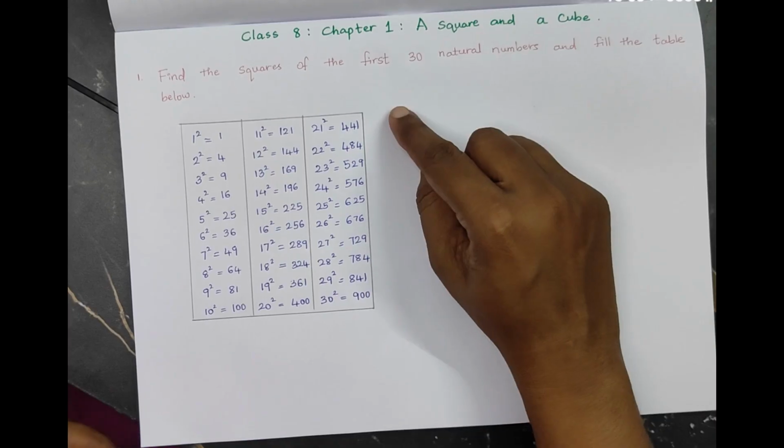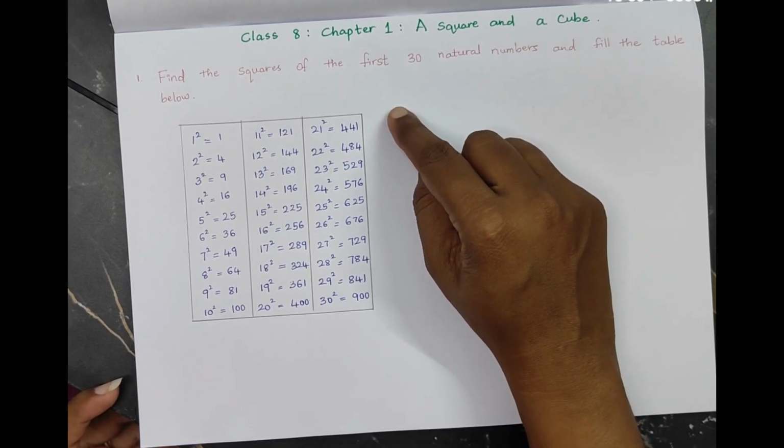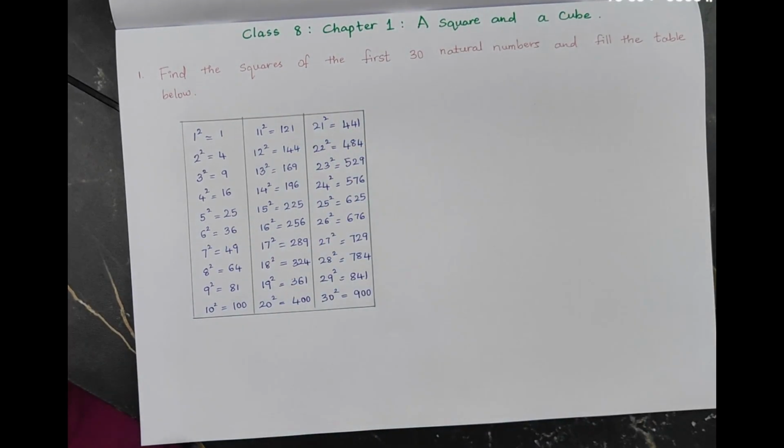So these are the first 30 natural numbers' square numbers.